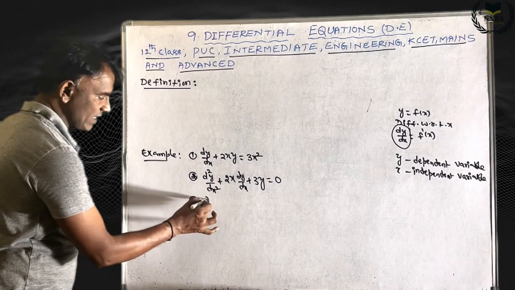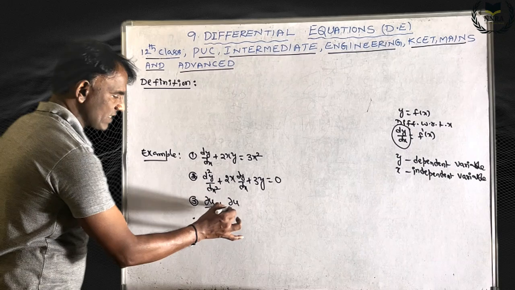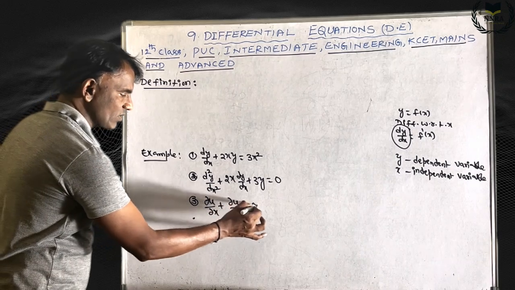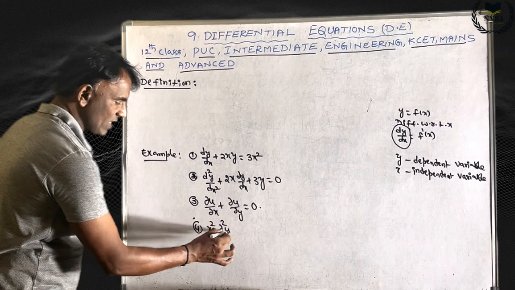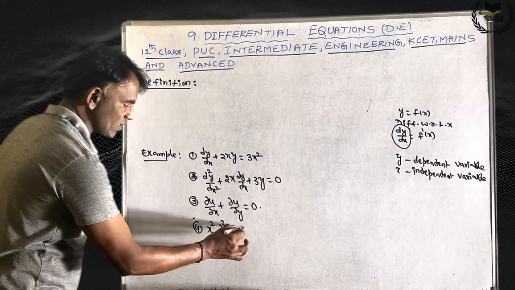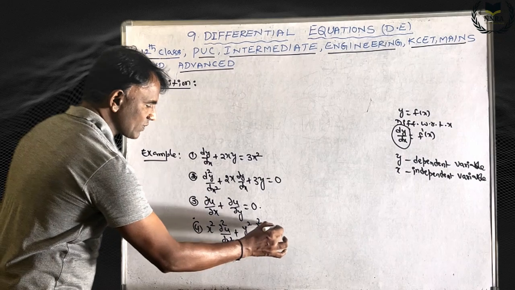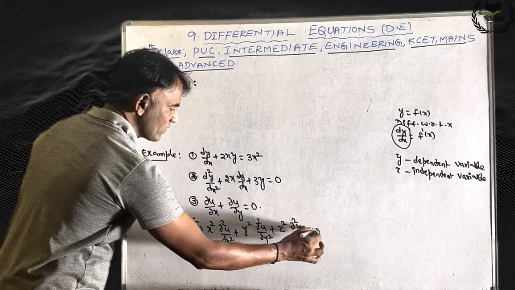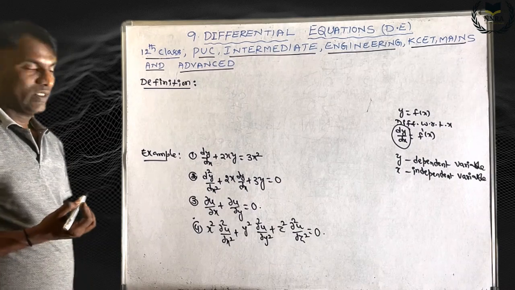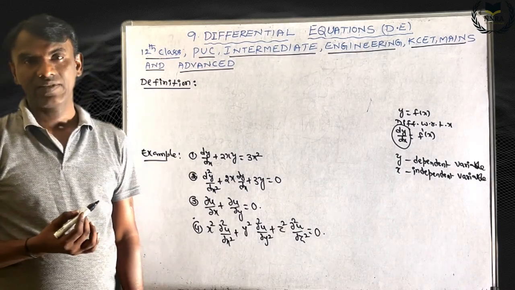The third one is dou u by dou x plus dou u by dou y equal to 0. Fourth one is x square into dou square u by dou x square, y square into dou square u by dou y square, z square into dou square u by dou z square equal to 0. So generally these equations are called differential equations.